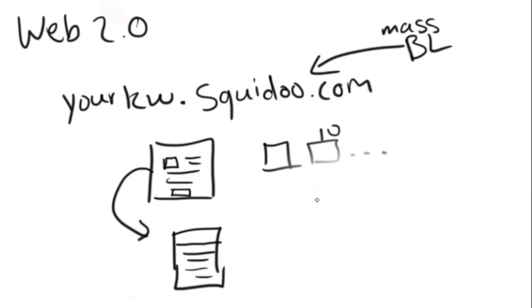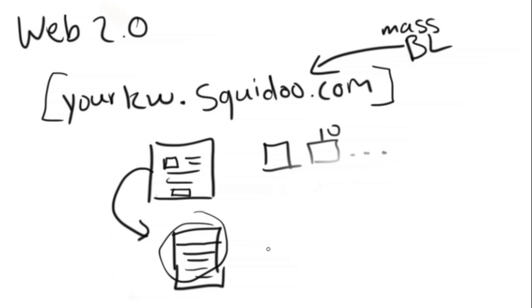Real quick, just a recap on the strategy. What's going to be happening here is we're going to be creating these 10 Web 2.0 blogs. Once we do this, we're going to be doing an article or spinning an article that we already have on our blog that's relevant to the keyword that you choose in the subdomain section, and you're going to backlink that to your actual blog right here.